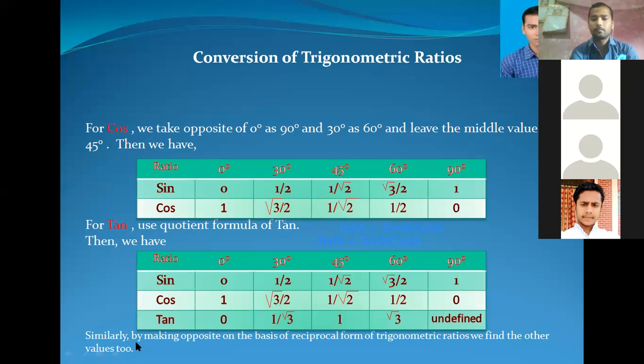No, sir. Okay. So similarly, by making the opposite on the basis of the reciprocal form of trigonometric ratios, we find the other values too. It means we can find the value of cot, sec, cosec in the same way, because such angles are the opposite, that means reciprocal, to such angles. That means cot is opposite to tan, sec is opposite to cos, and cosec is opposite to sine.